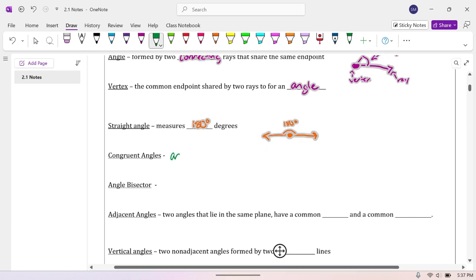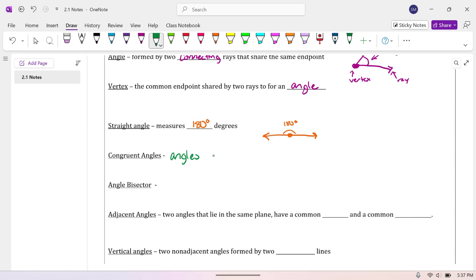Congruent angles are angles that have the same measurement.